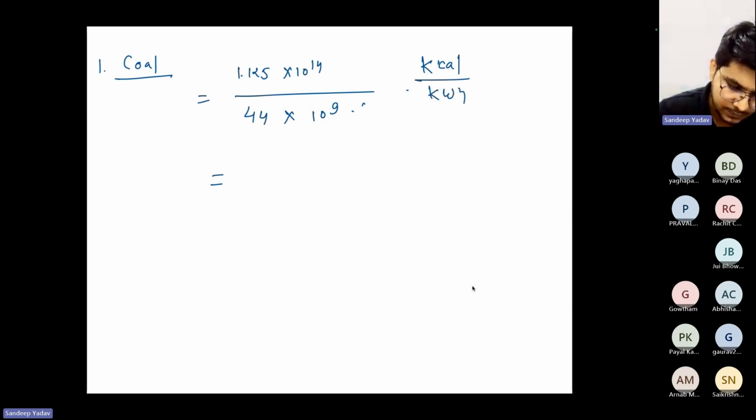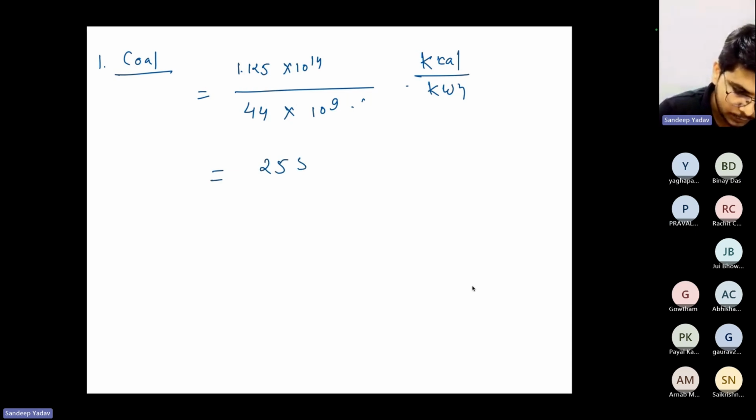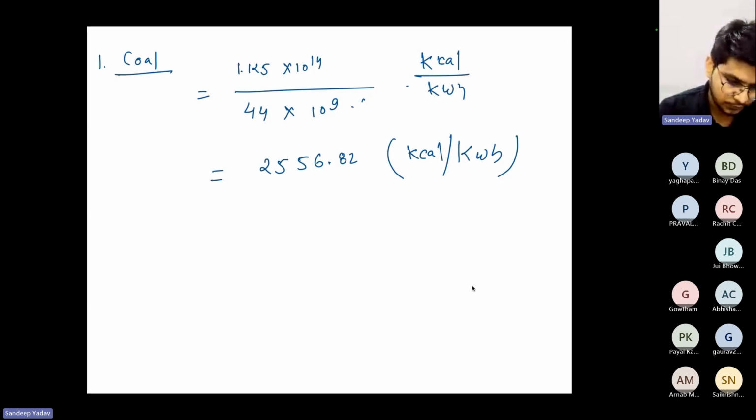So that's just a division, which gives us 2,556.82 kilocalorie per kilowatt hour. Just verify: 1.125 into 10 raised to 14 divided by 44 into 10 raised to power 9. That's correct, 2,556.81.